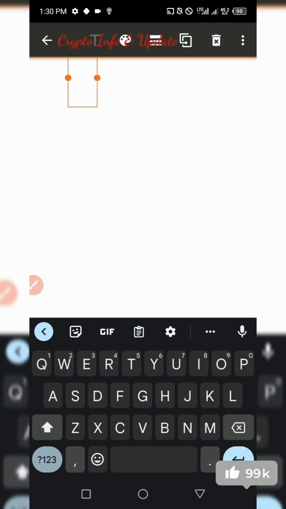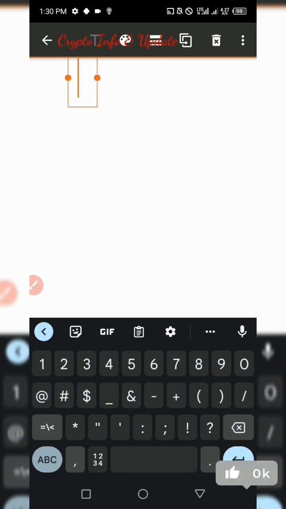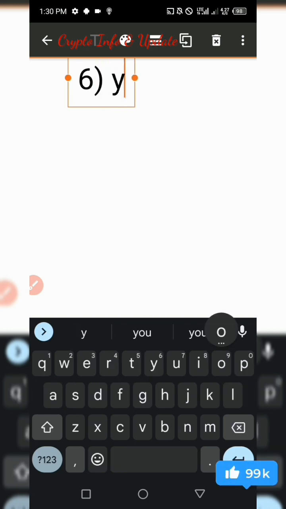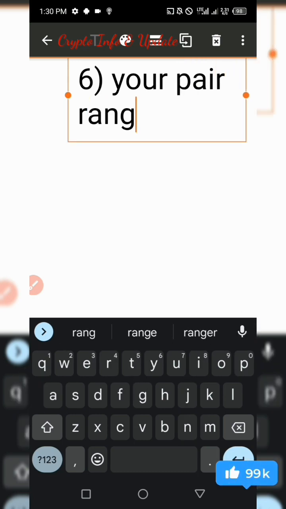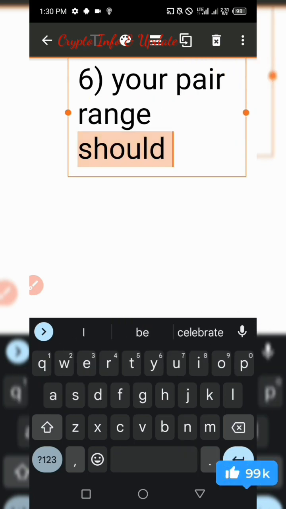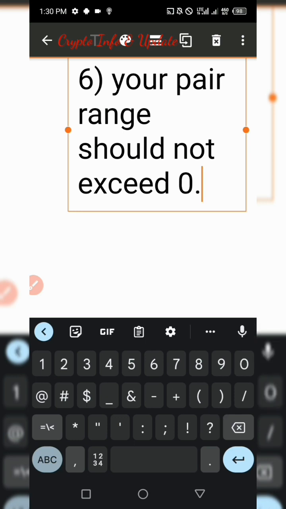The sixth point is that your pair range should not exceed 0.76.